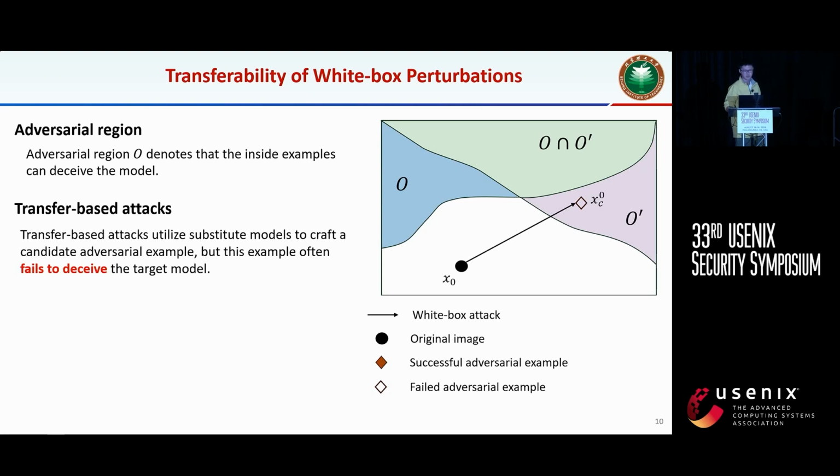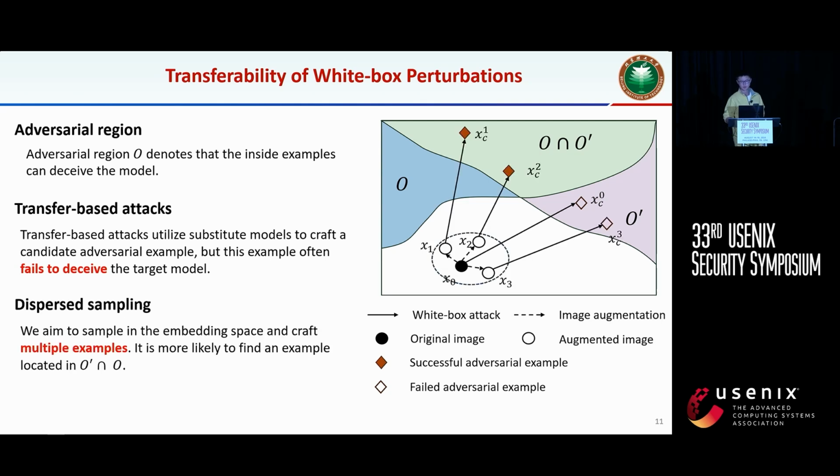The transfer-based attacks generate a candidate adversarial example in the adversarial region of the substitute model. Since the substitute model and the target model could be different, their adversarial regions wouldn't be the same. So the transferability may not be ensured.